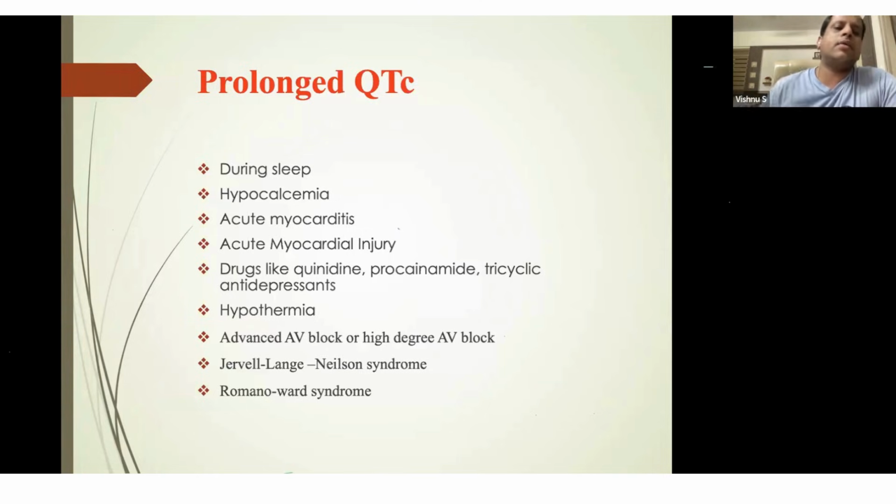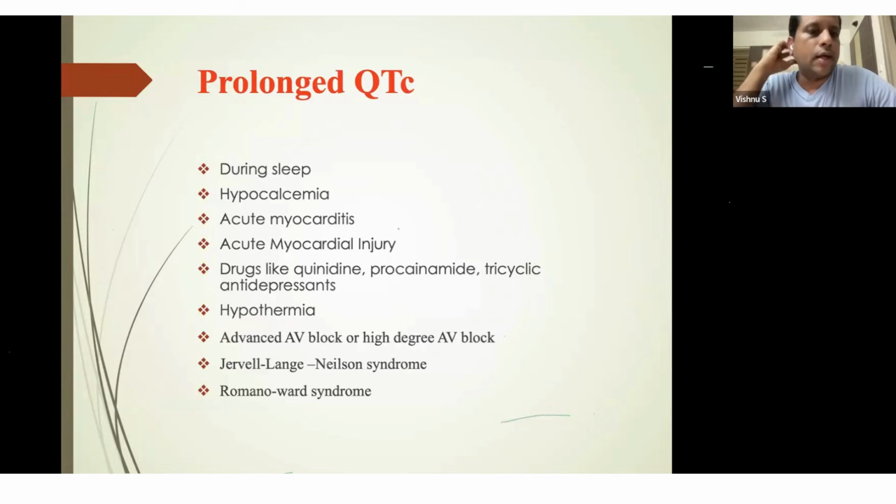In acute myocarditis and acute myocardial injury, like acute MI, there will be myocardial damage in the form of myocardial edema. So the action potential duration will be prolonged in most patients. So the prolonged QT will be there in acute myocarditis and acute myocardial injury. Then drugs like sodium channel blockers, quinidine, procainamide, and tricyclic antidepressant poisoning all cause QTc prolongation.